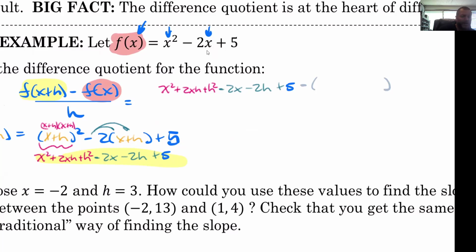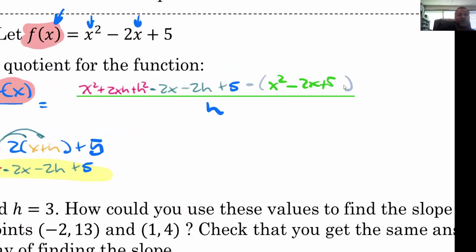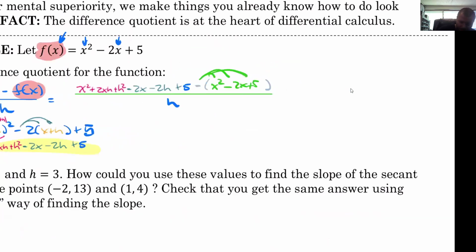So I'm going to put my f of x in parentheses, x squared minus 2x plus 5, and this whole thing is being divided by h. The reason the parentheses are important is that you have to distribute this negative to everything, since we're taking all of f of x away. That's going to be negative x squared plus 2x minus 5.